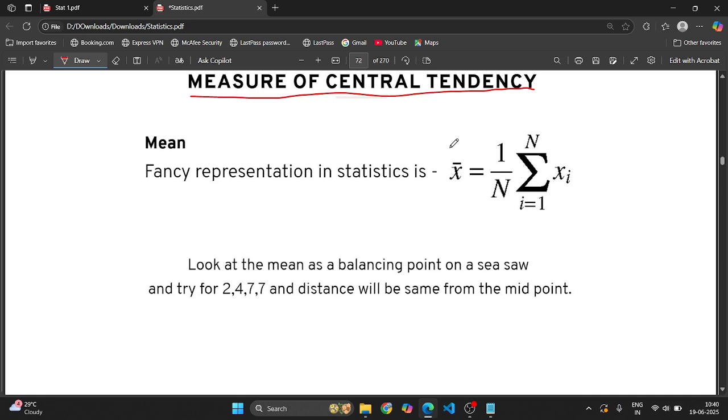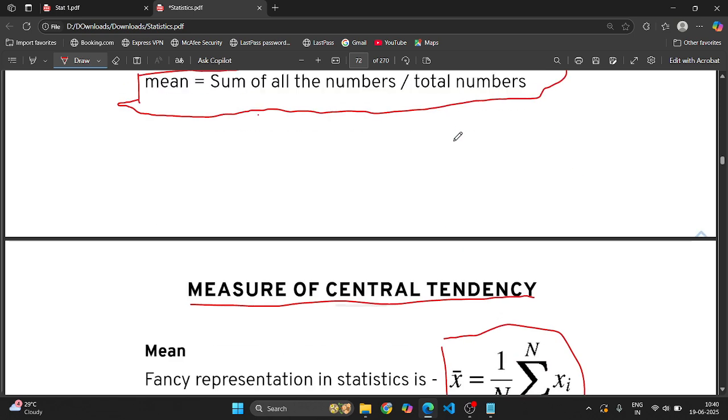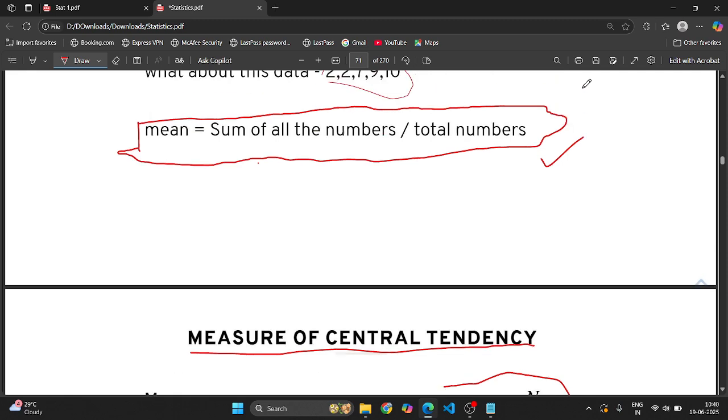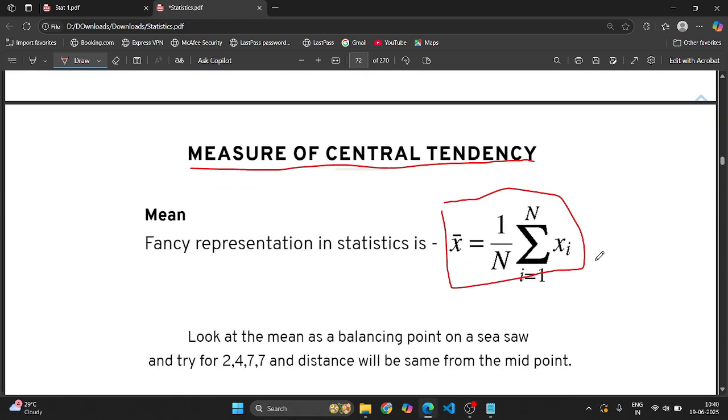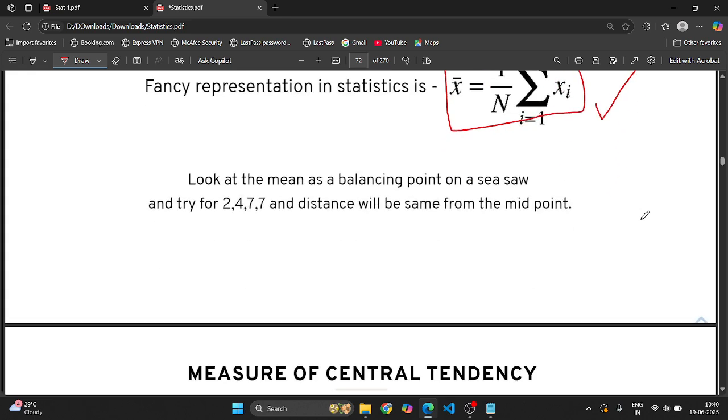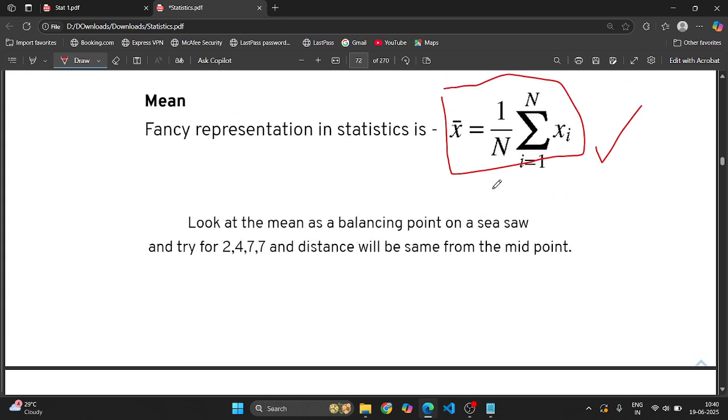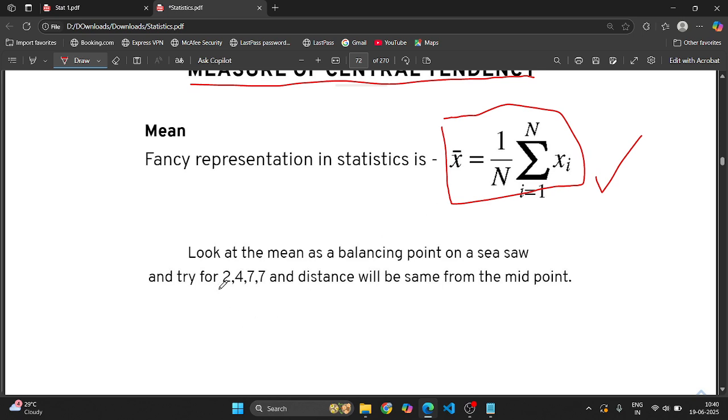What we have written here is the same as this. Look at the mean as the balancing point on a seesaw, where the distances are the same from the midpoint.